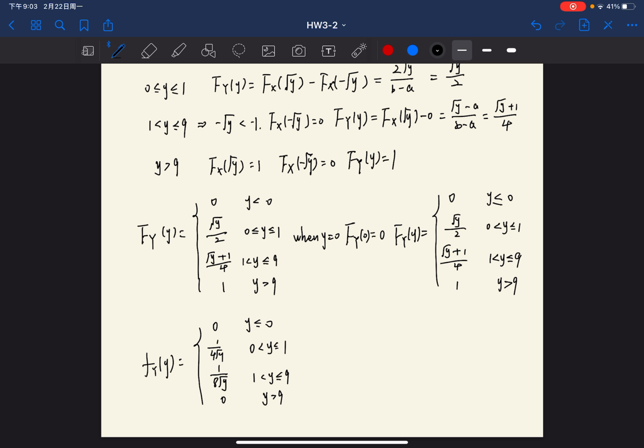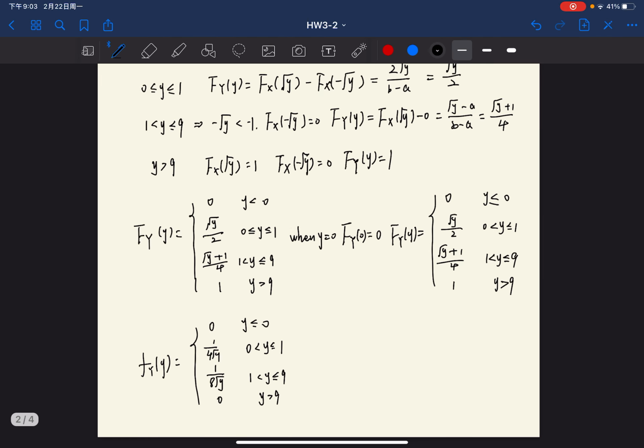And so this is the probability density function of variable capital Y, and we can also draw the figure of the probability density function and probability distribution function as this.